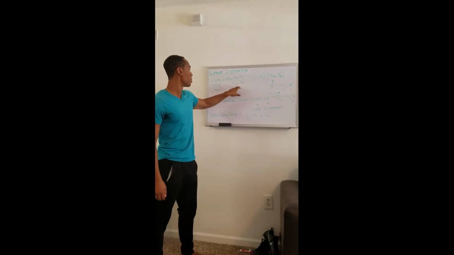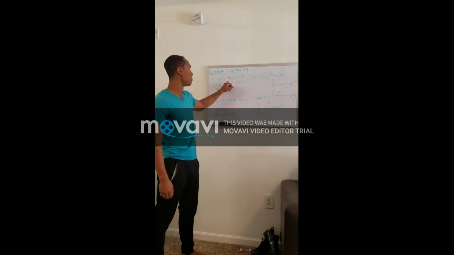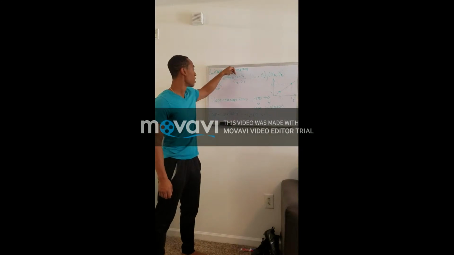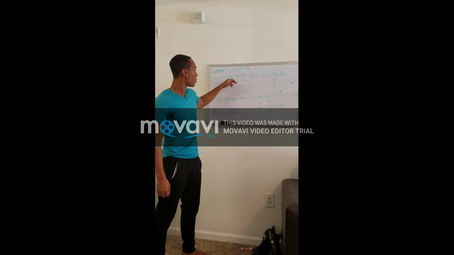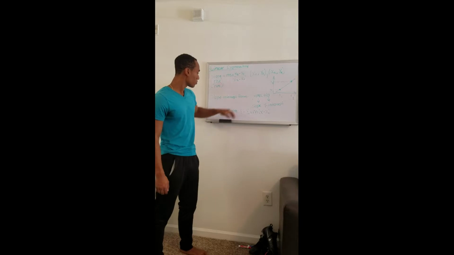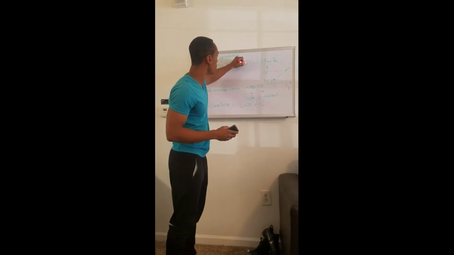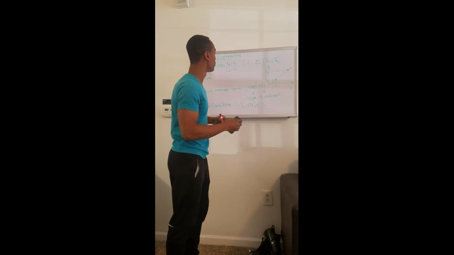Using this formula we can find the slope, which is typically represented with m. So we have y2 minus y1 over x2 minus x1. Okay, so let's say we have 2 points. 1, 2.